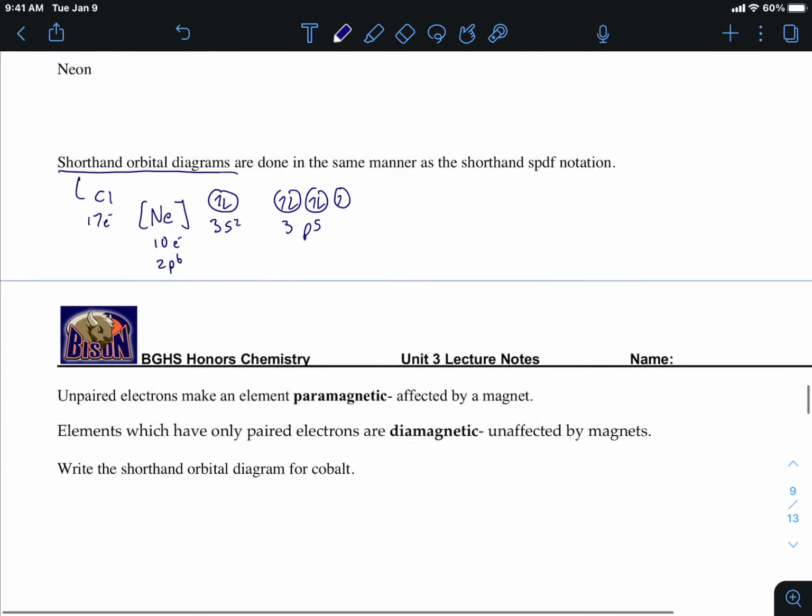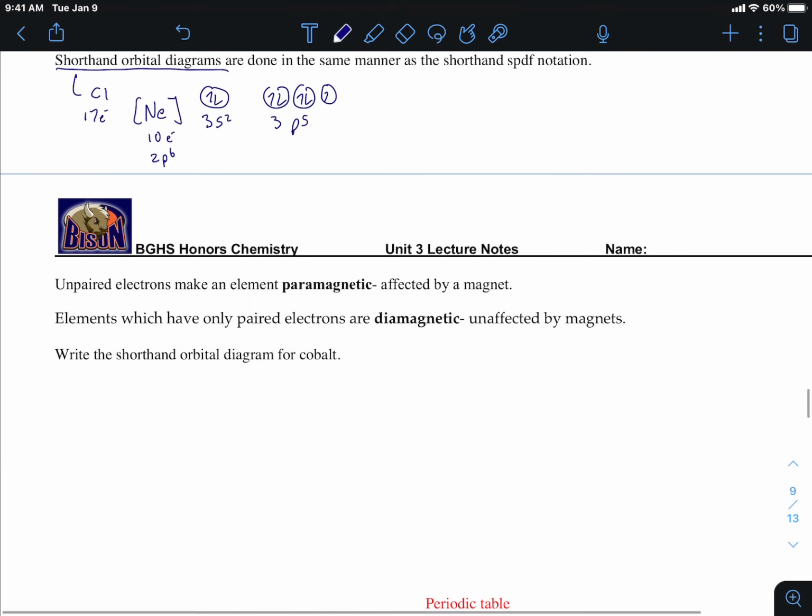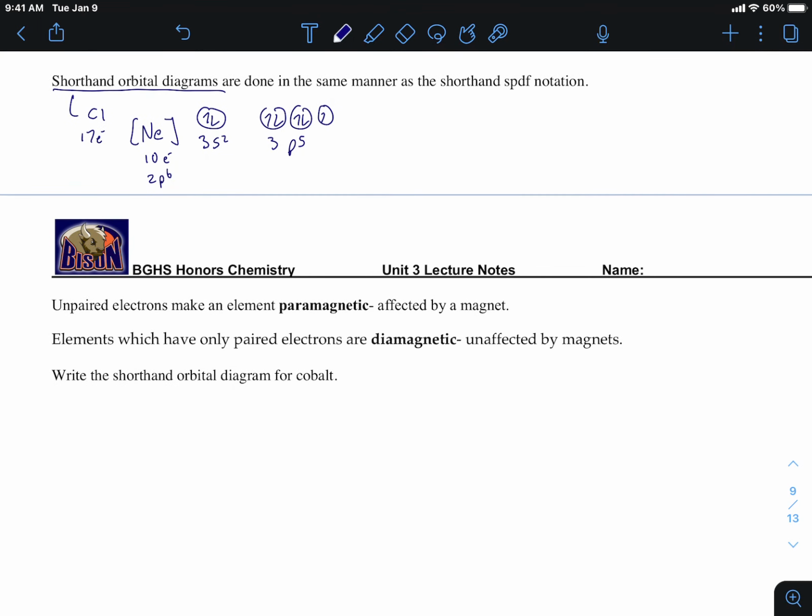Okay, so you might be thinking, that's great. So we draw a bunch of circles with electron configuration. What is the point? Why do we even do this in the first place? Well, orbitals give us a lot of information. And aside from information that's going to be really useful when we talk about bonding in the next unit, we can tell whether elements are going to be magnetic or not.